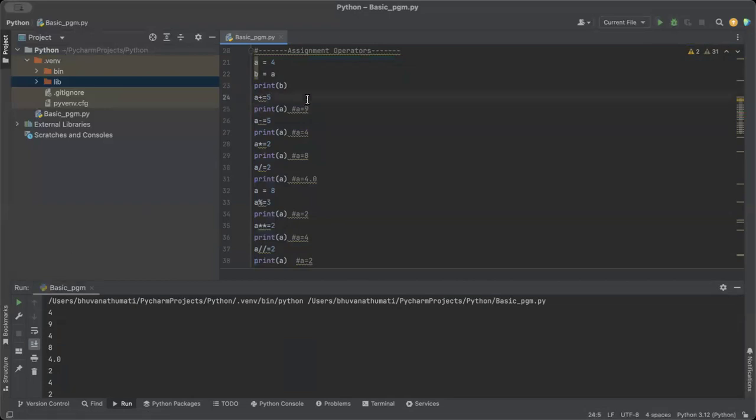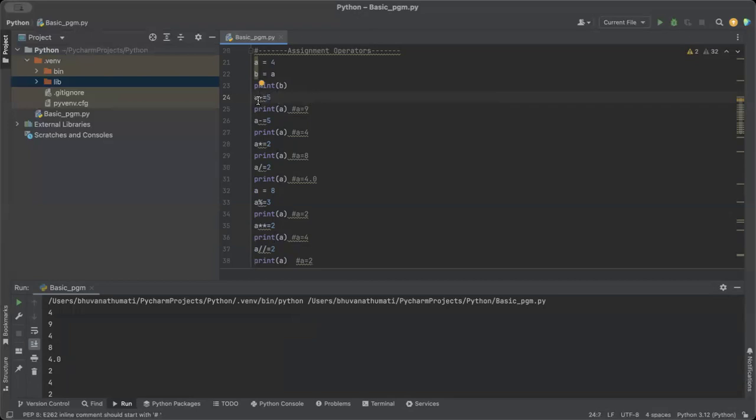So here, A plus equals 5 means A equals to A plus 5. A equals to A plus 5 we can simply write as A plus equals 5. Similarly for this, A equals to A minus 5, A equals to A into 2, A equals to A divided by 2. Similarly, all these, so we have written simply.